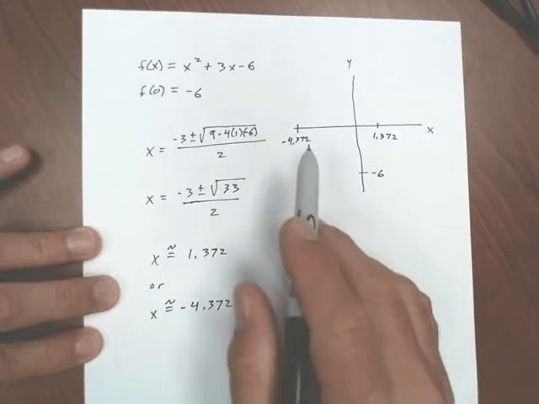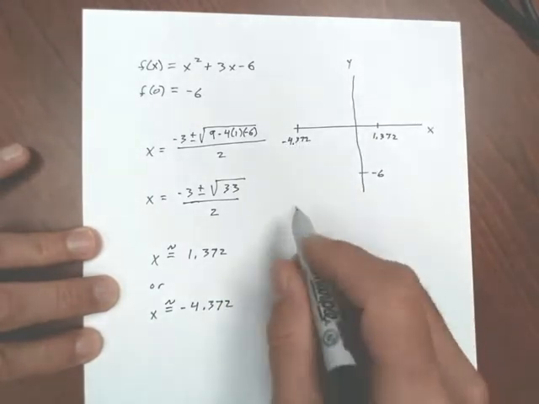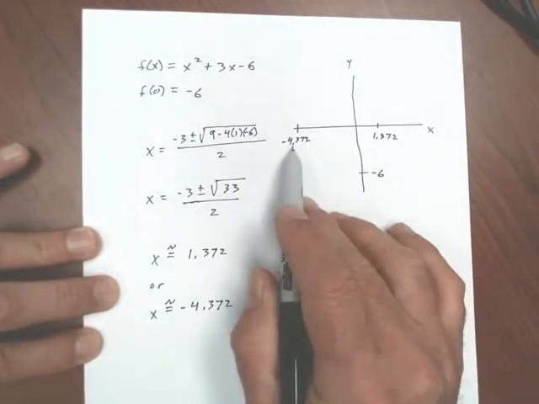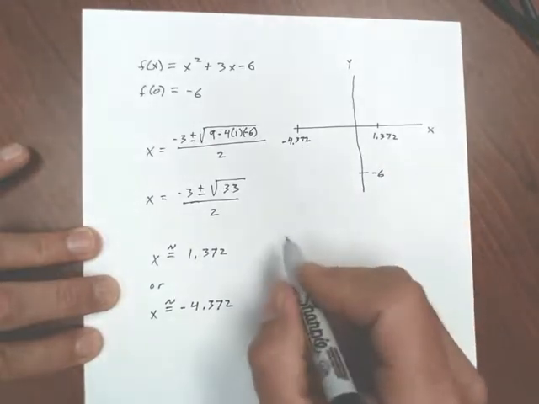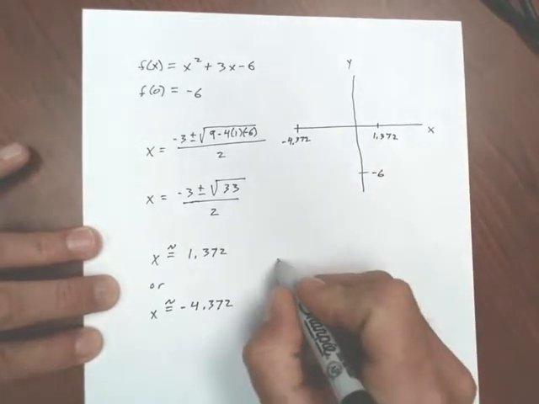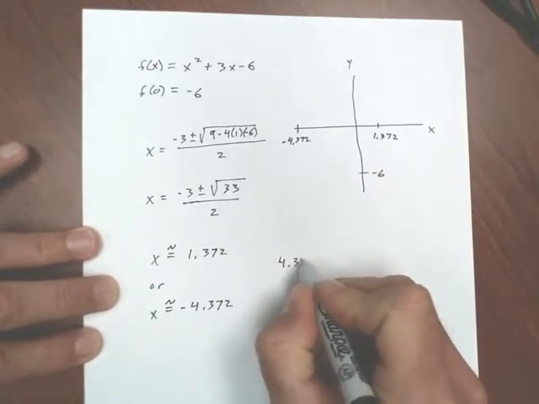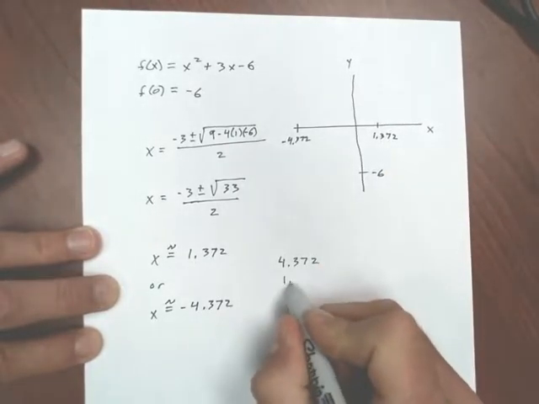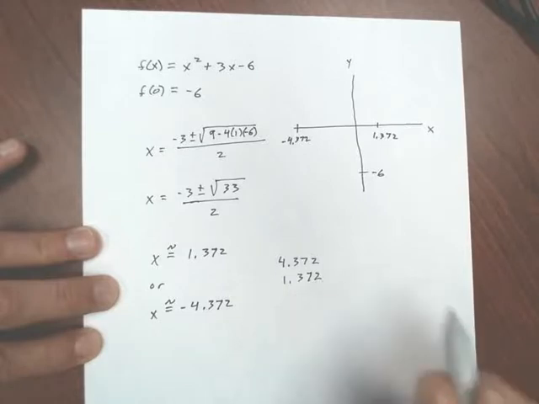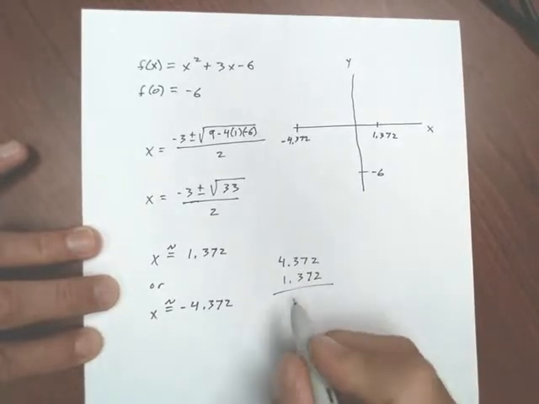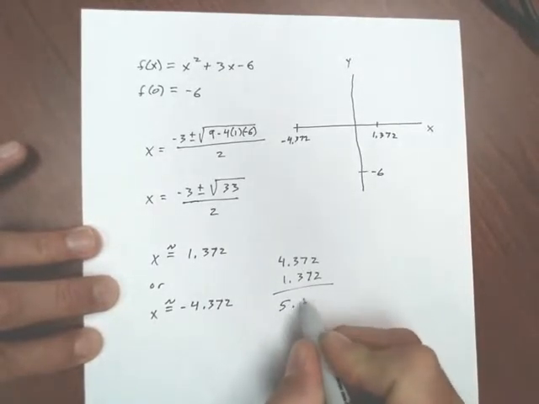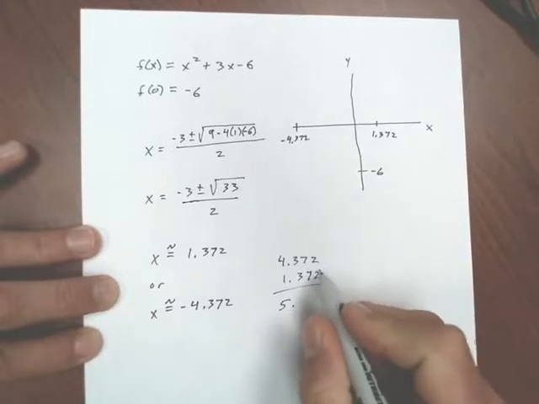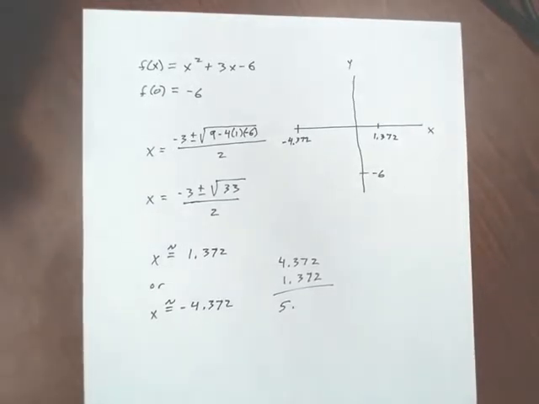Now, what we can do is we can take, so we're negative 4.37 units away from the y-axis. We can take 4.372 and add to that 1.372. Let me get my calculator on that.